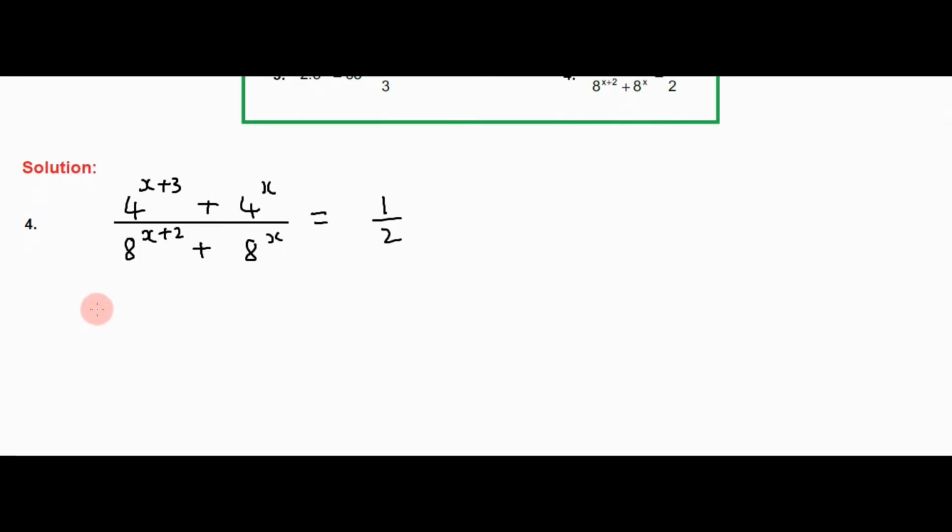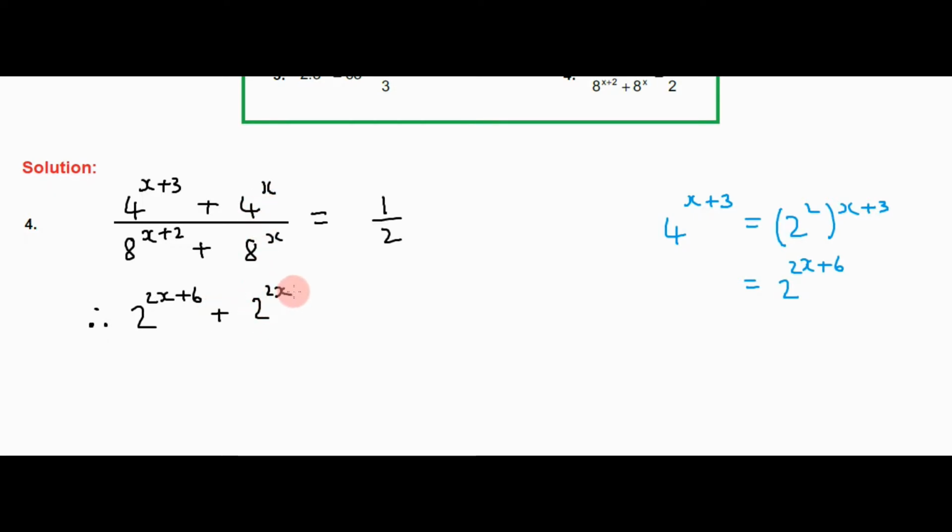We're going to start by simplifying the left-hand side. So 4 to the x plus 3 is 2 squared to the x plus 3. Then multiplying the powers, we get 2 to the 2x plus 6. And 4 to the x we can write as 2 to the 2x.